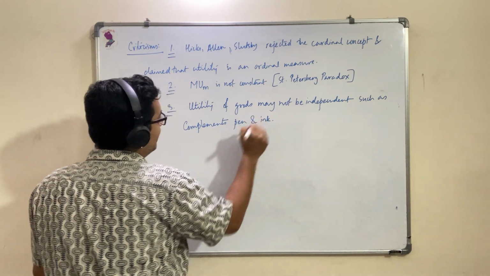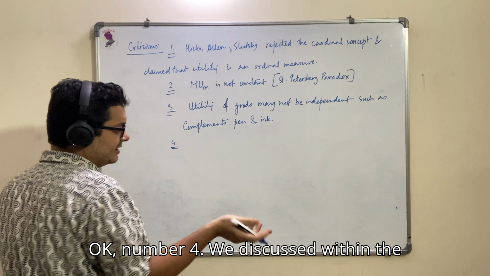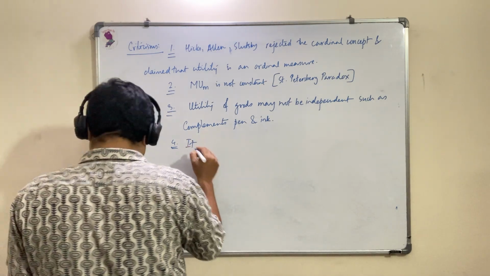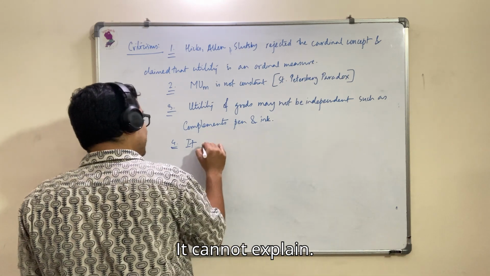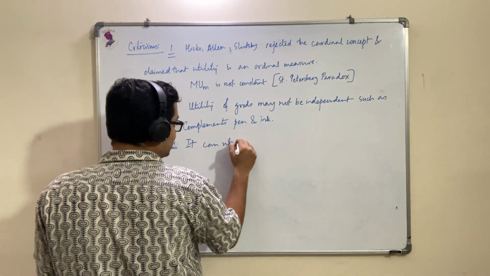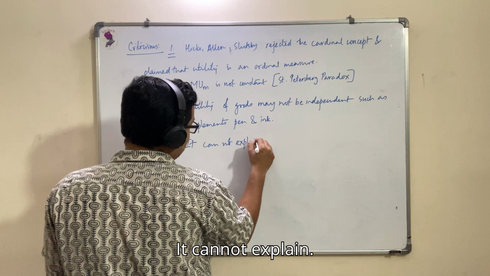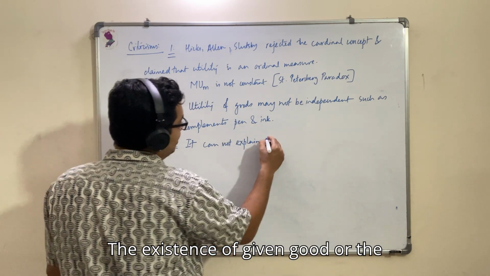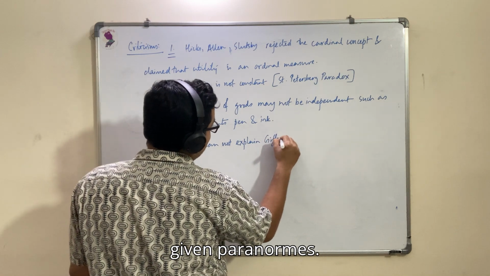Right? Okay, number 4, we discussed within the class that it cannot explain the existence of a given good or the given paradox.